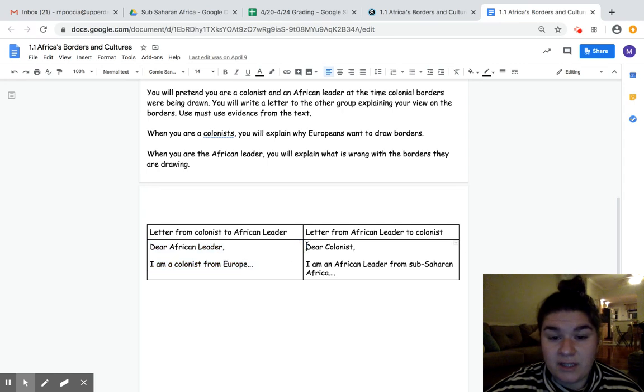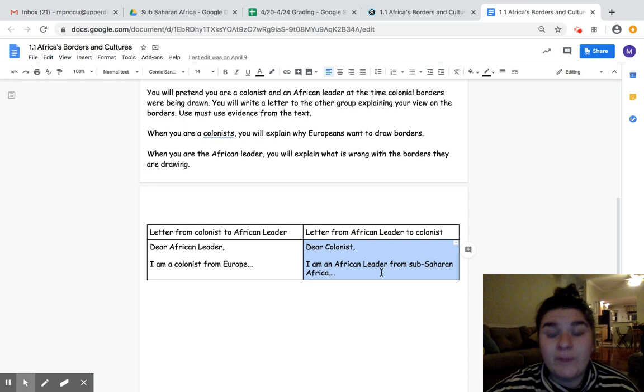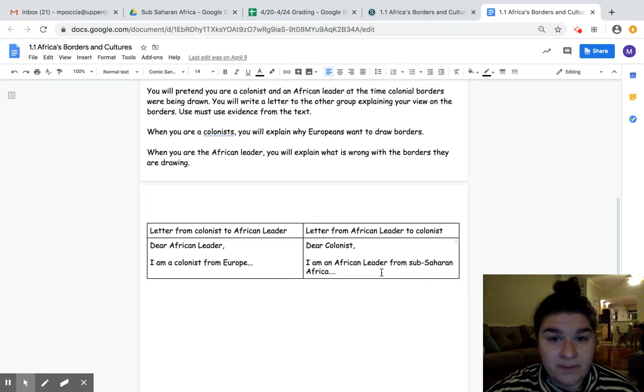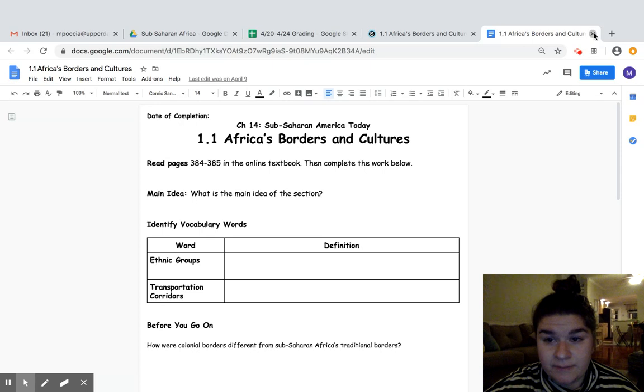From the other side, the right side of the column, you're going to be writing from the perspective of an African leader, explaining what is wrong with the borders that were drawn. So that is the first part of the Monday lesson. When you're done, make sure you submit this Google Doc.